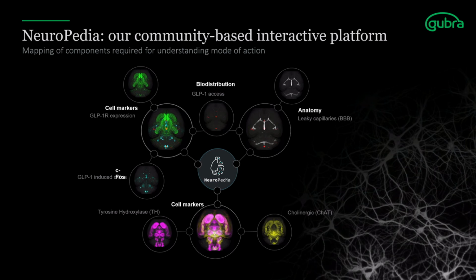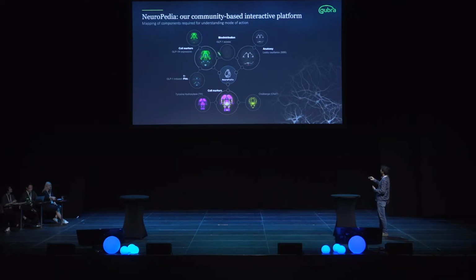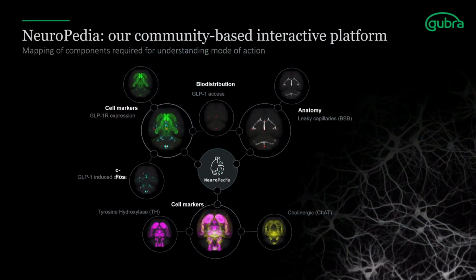Now we can overlay this map with the expression of the GLP-1 receptor, and at the same time with the biodistribution of GLP-1 and the anatomy, where these leaky capillaries are, and finally the cell markers, what type of neurons are there. So we think that by combining and joining forces, we can have a better understanding of what's going on in a particular brain area, and then we can take more informed decisions.